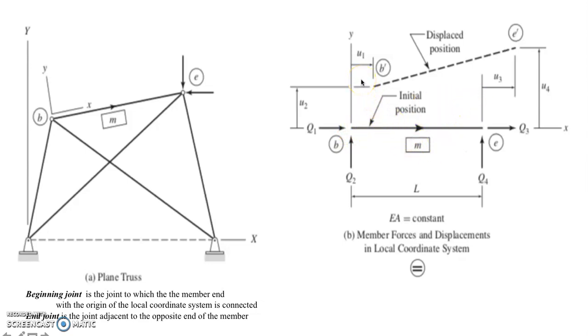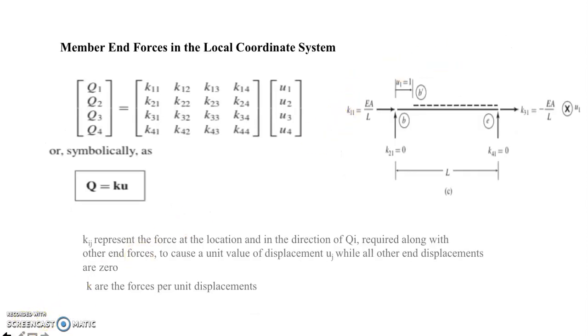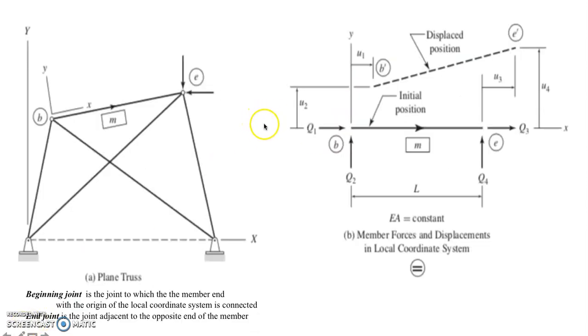Member end displacement in the local coordinate system is designated by the letter u, and member end forces in the local coordinate system are designated by the letter Q. For each end of the member, there will be 2 member end displacements.